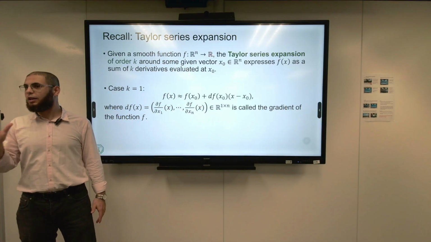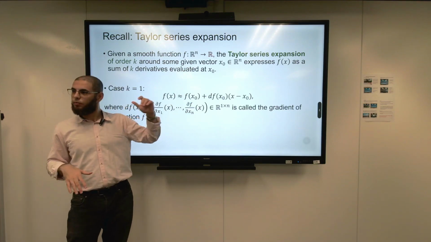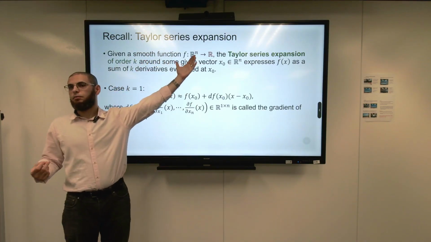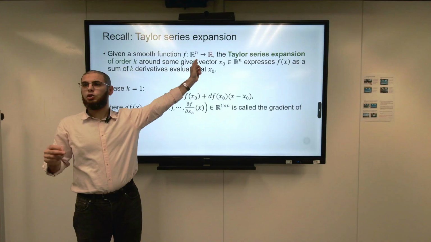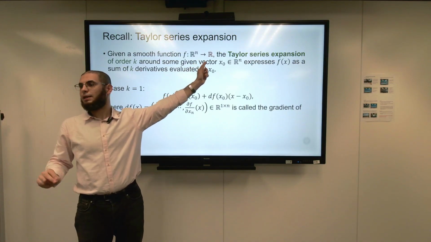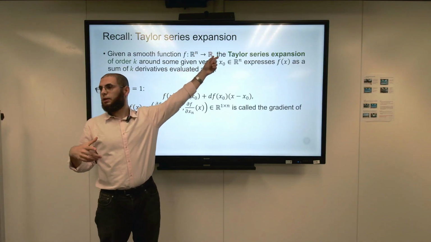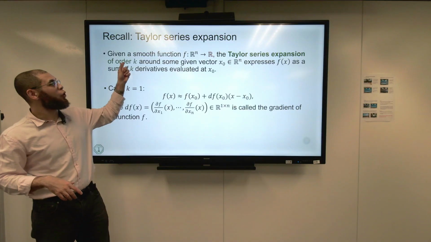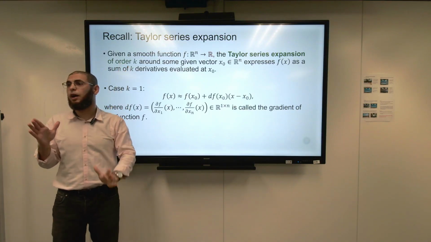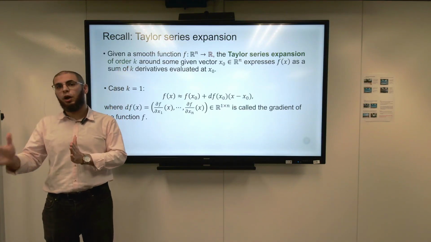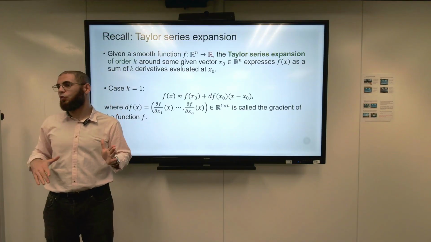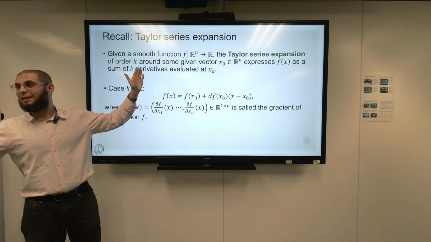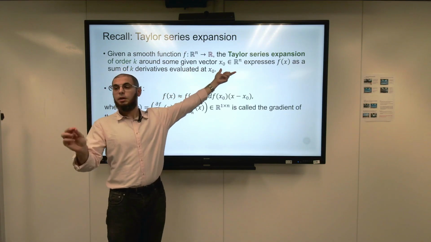Taylor series again is this expression. It says the following. If you give me any function that eats n variables, x1, x2, x3 up to xn, and gives me one real number in the end, then the Taylor series expansion of order k, so you can specify order 1, order 2, order 3, as much as you want, is done around some predefined vector.